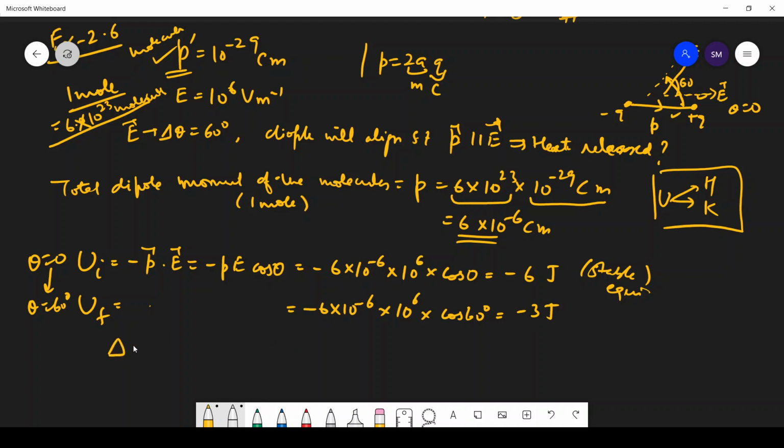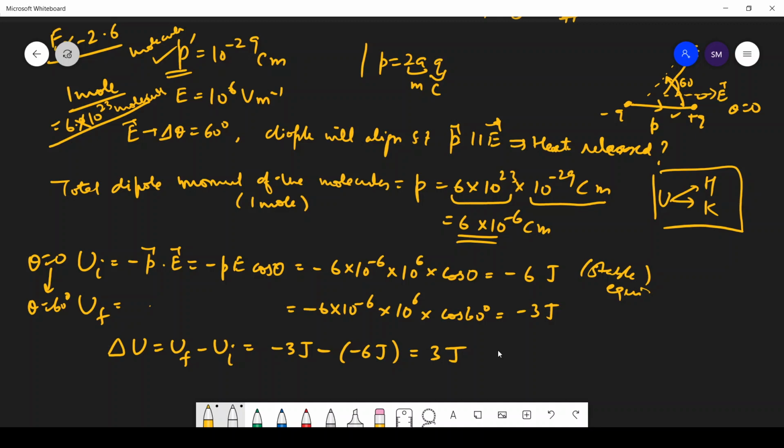So how much is the change in potential energy? That is UF minus UI, final minus initial. So final is minus 3 J minus minus 6 J, that is minus 3 plus 6, which is plus 3 joules.